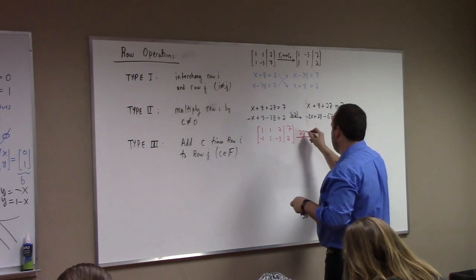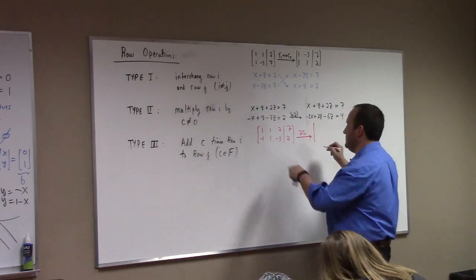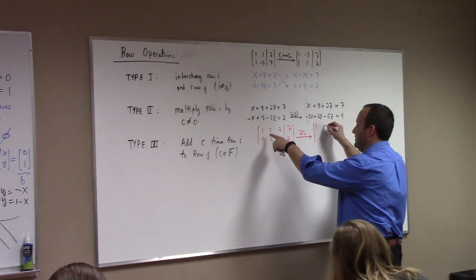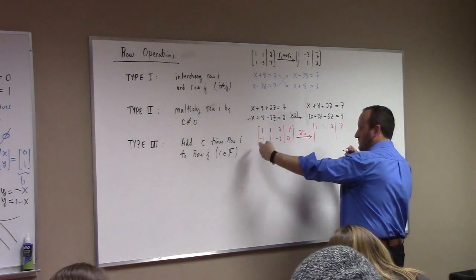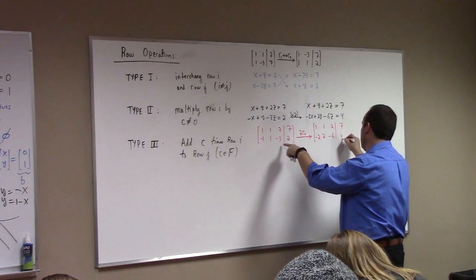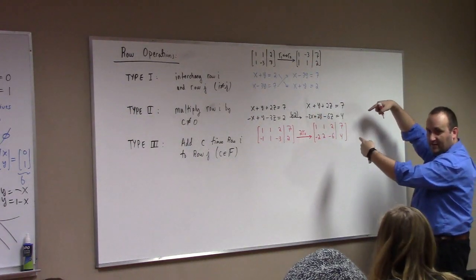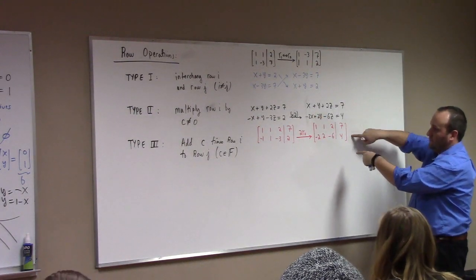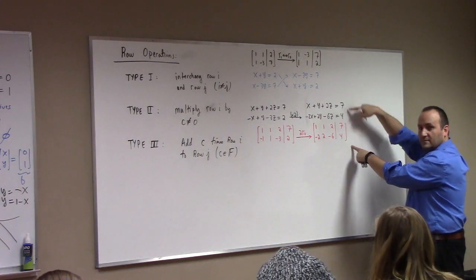So this is 2 row 2. Let me answer your question in just a second. So 2 row 2, we get 1, 1, 2, 7. So what this means is I multiply row 2 by 2. So I got minus 2, 2, minus 6, 4. And of course, if you look at the equation that we got above by multiplying the second equation by 2, what's in red below it is, in fact, the augmented coefficient matrix for this system.